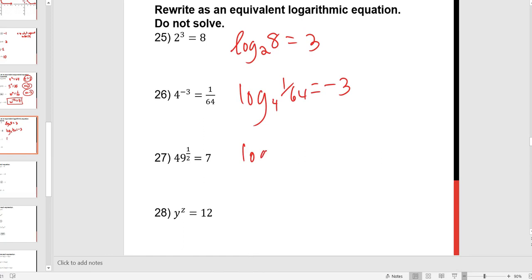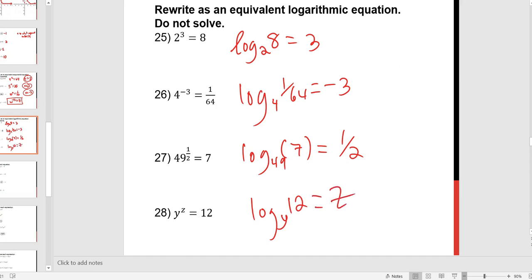Log base 49 of the result, 7 equals 1/2. None of these we're solving, we're just rewriting them. Log of the base, the result is 12, is equal to the exponent z.